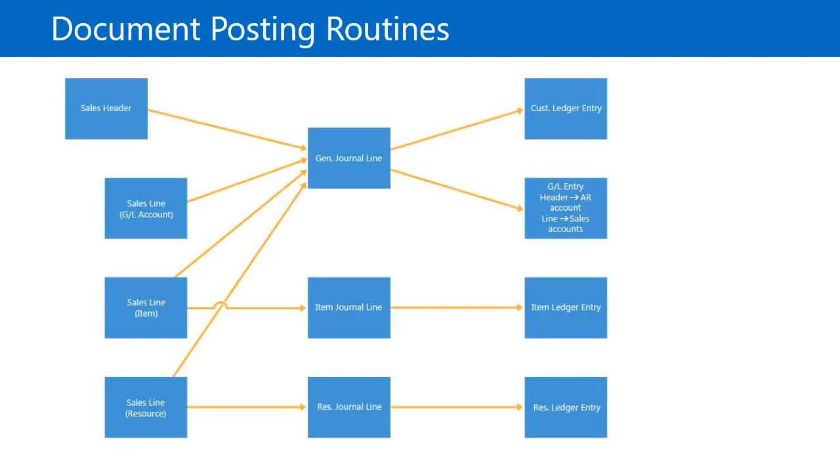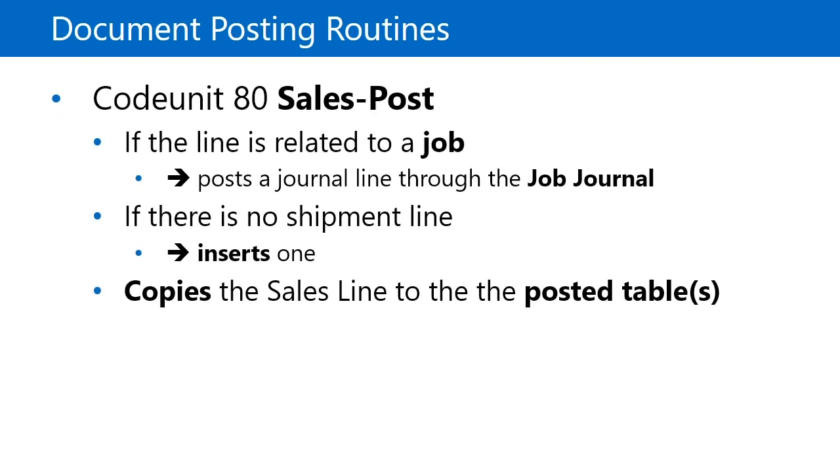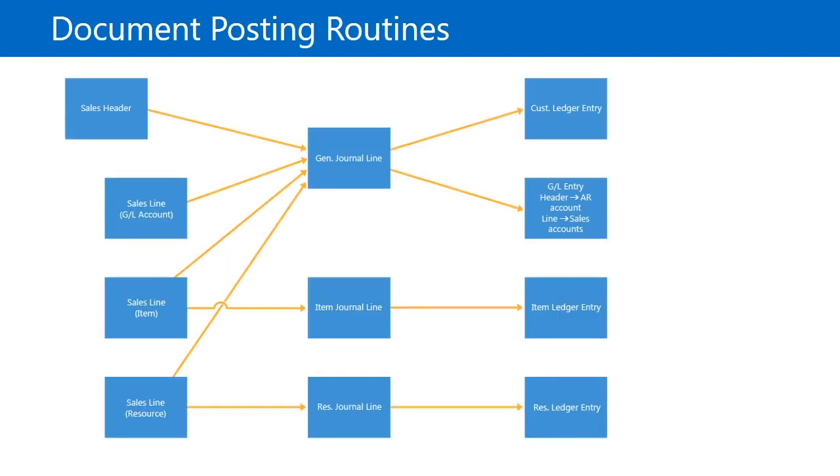Once that has been done, then we will finalize our posting. We need to check if the line is related to a job, and then we need to also post it through the job journal. If there is a shipment line, insert the shipment line and so on. And at the end, copy the sales line also to the posted tables to create the posted documents.